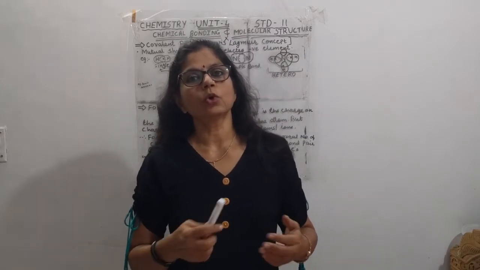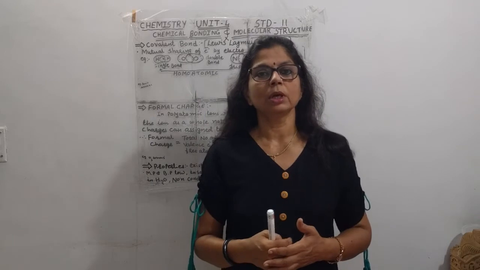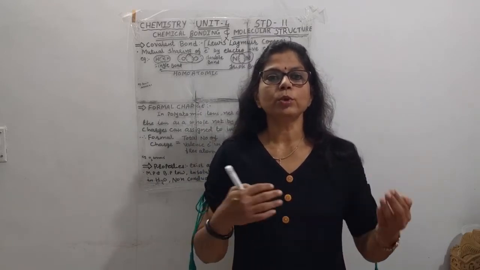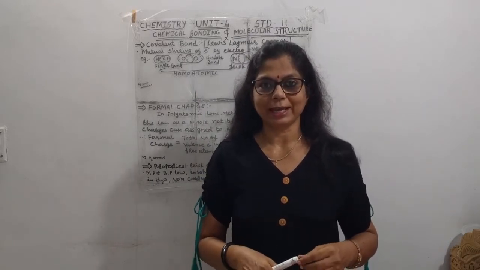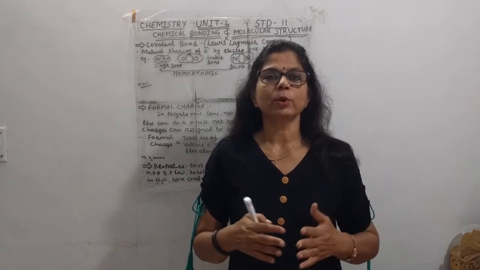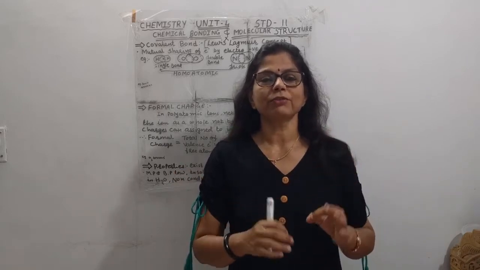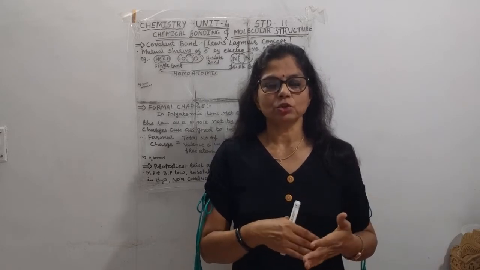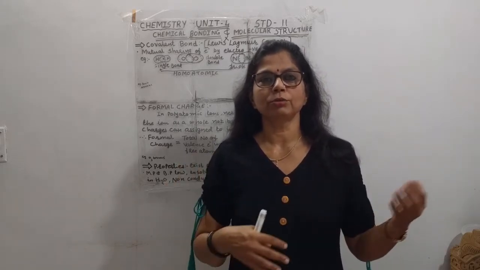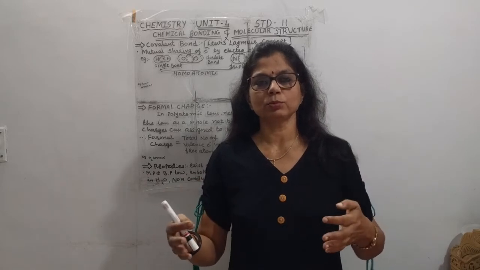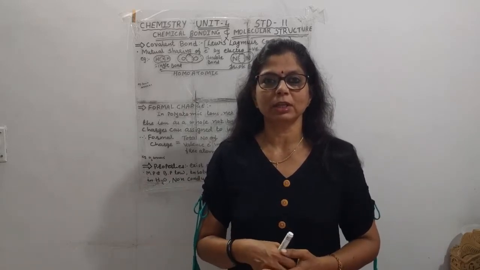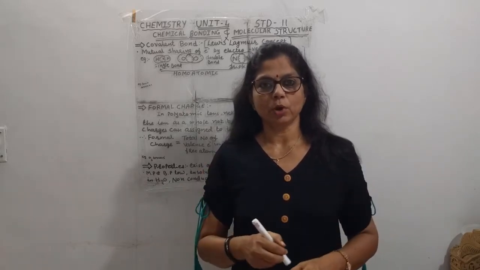Students, as you know, the covalent bond is formed by the mutual sharing between two atoms. Generally, covalent bonds are formed among the same kind of atoms, meaning H2 molecule, O2 molecule, N2 molecule, Cl2 molecule; they have covalent bonds.